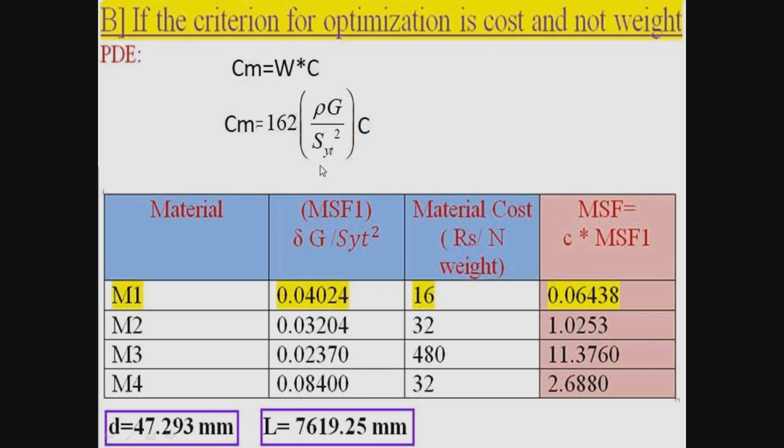This W equation we already got in the previous slide, for minimizing the weight, given by 162 into rho into G by SYT square into cost of the material. So again find the value of total cost for all the materials and look for the value which is minimum.